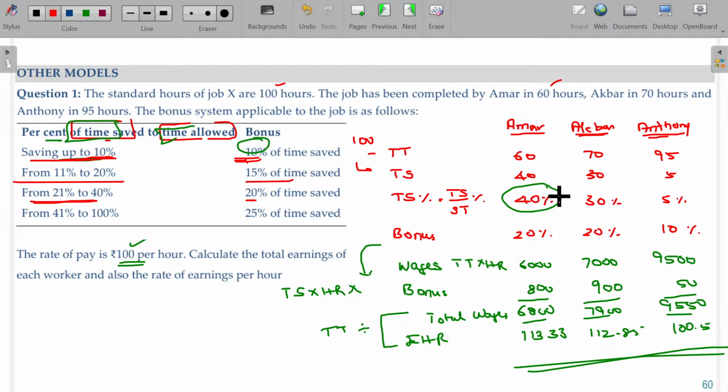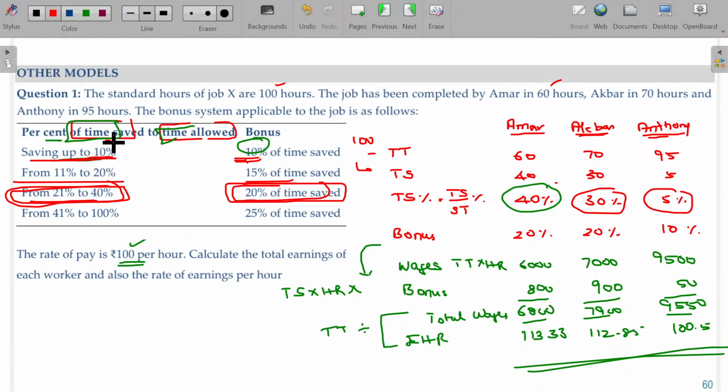So Amar saved exactly 40, so he falls in this category. So he will be given a bonus of 20% on the time saved. Akbar 30%, which falls under the same category, so 20% of the time saved by him will be the bonus. Anthony 5%, savings up to 10%, so his bonus will be 10% of the time saved.